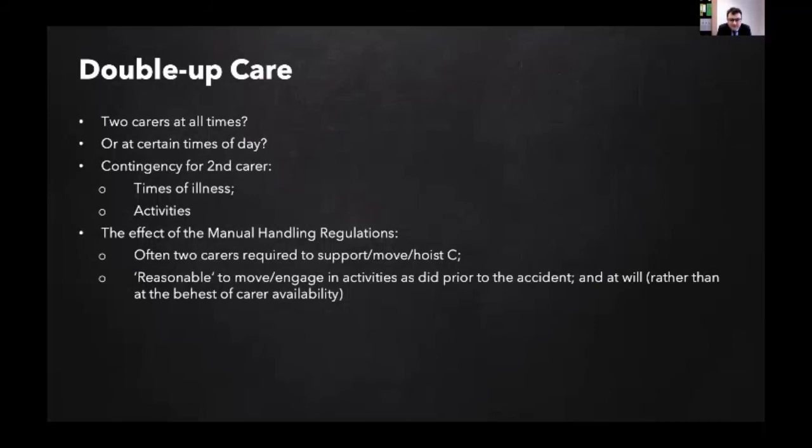The recoverability of all of this, again, comes back to the concept of reasonableness. A claimant, of course, is entitled to be put in the position that he or she was in prior to the accident, insofar as the court is able to do so through the means of compensation. Taking some examples, a claimant, of course, is entitled to live his or her life and engage in activities of their own volition and not at the behest of carer availability.